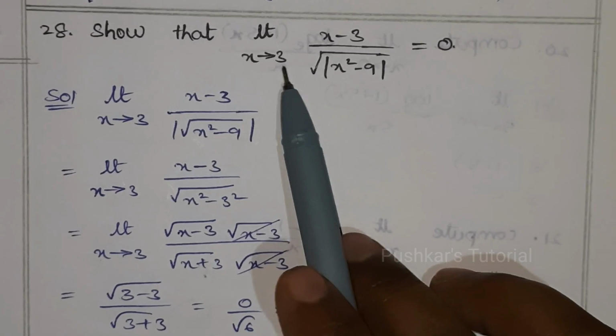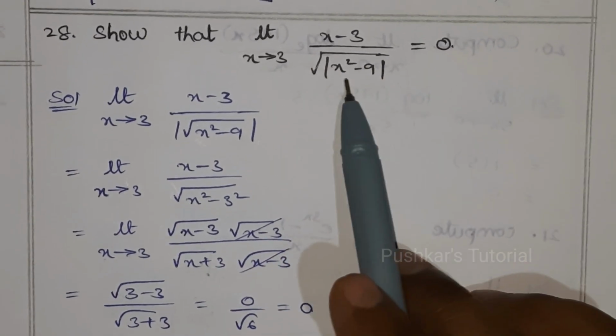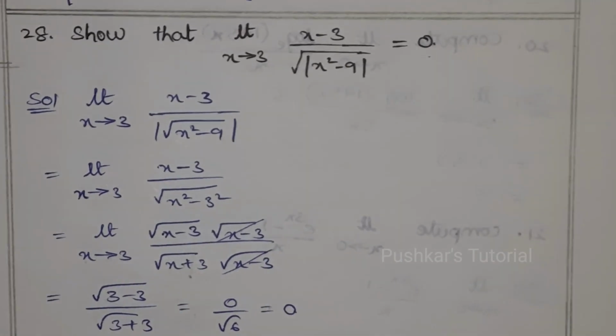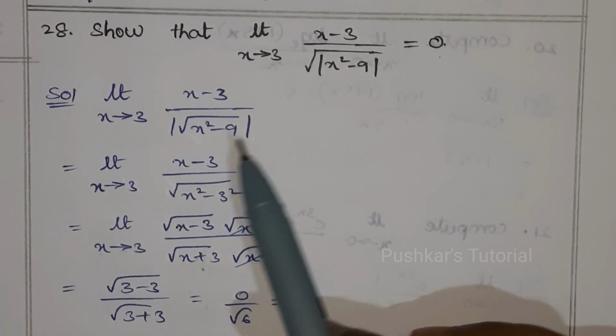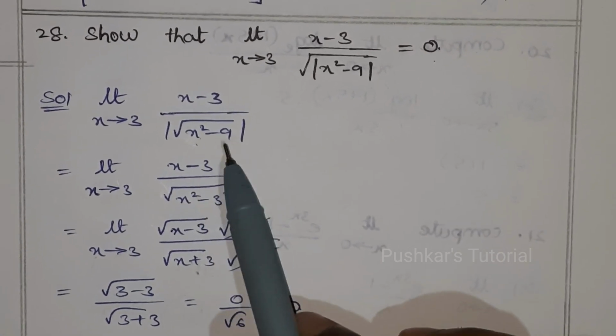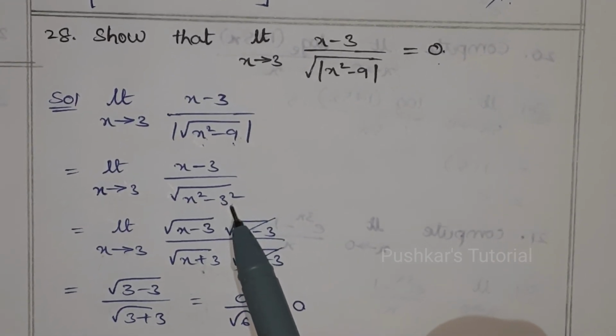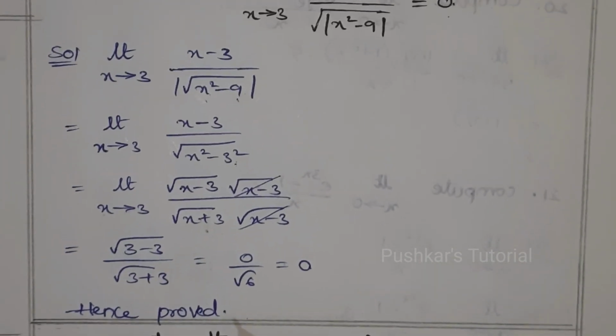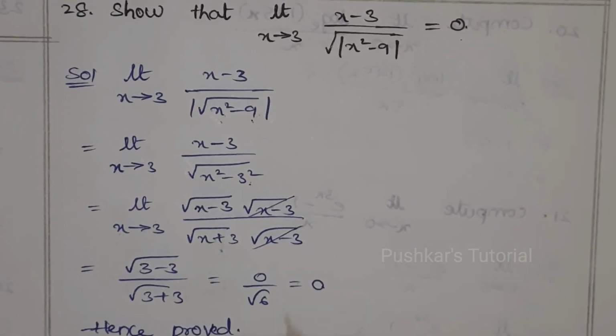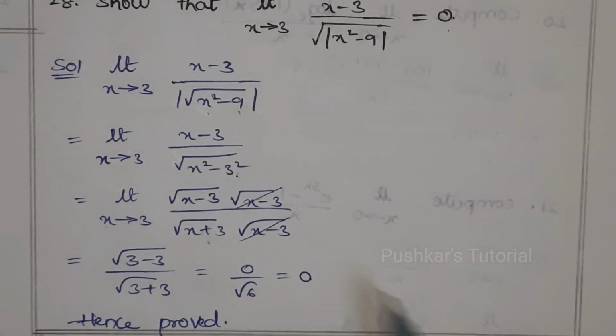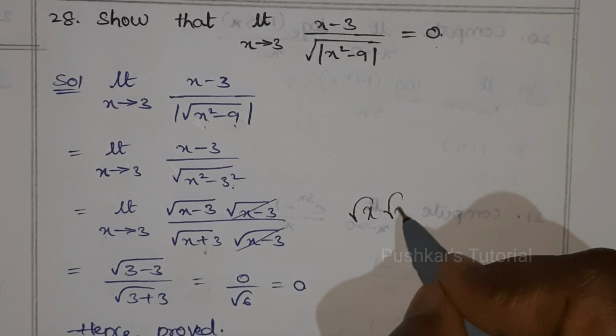Limit x tends to 3, x minus 3 by under root x square minus 9 is equal to 0. We have to show that. Here in the denominator x square is there, and 9 we have to write as a square, so 9 we can write as 3 square. For the numerator I am doing rationalization. Root x into root x, the answer is simply x.